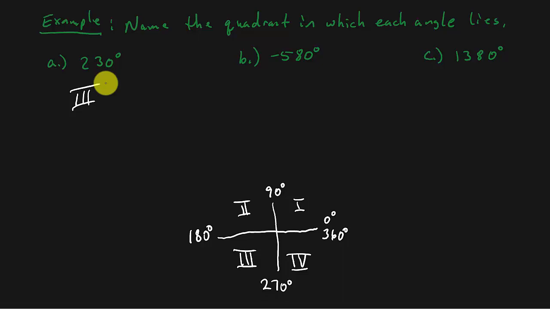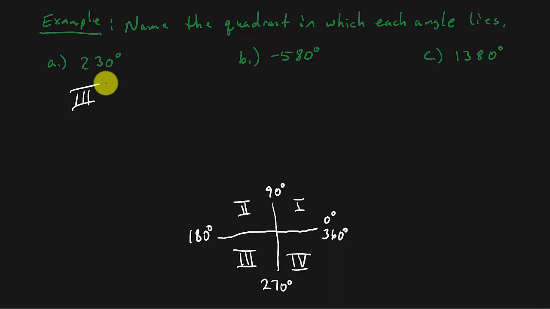All right. Now, what happens here in B? We've got an angle measure of negative 580. Now, that's more difficult to figure out which quadrant, okay? It's so much easier if our angle measure is between 0 and 360. Well, what we can do, this negative 580, we can get it to be between 0 and 360 by using what we know about coterminal angles.